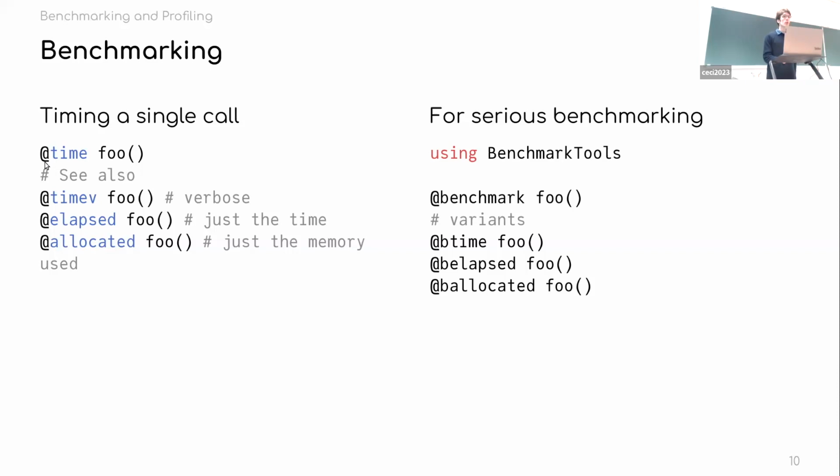This just measures the time it takes for foo to execute, and it's also going to measure the memory allocated. Maybe if there's a garbage collection, so it's going to give you a bunch of information about how many resources this call took. And then you have variants if you only want the time or only want the memory allocated and so on. Importantly, this one is only going to measure a single call.